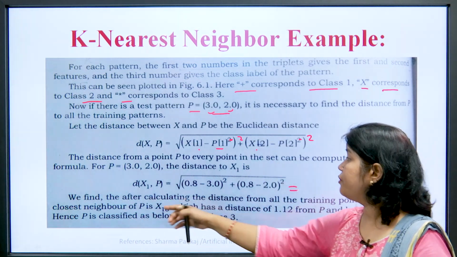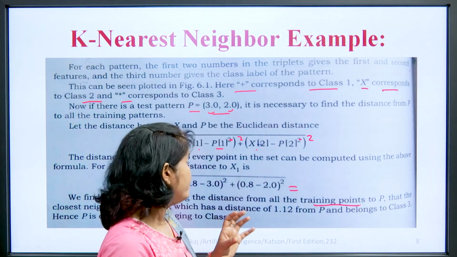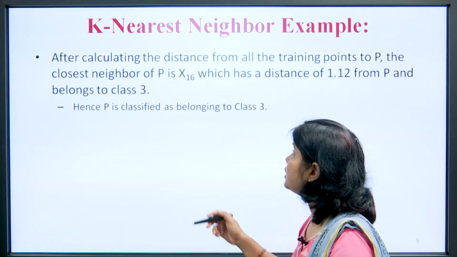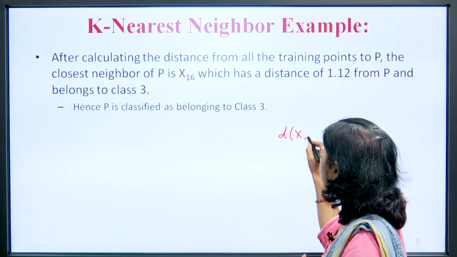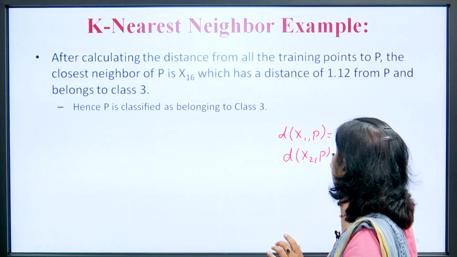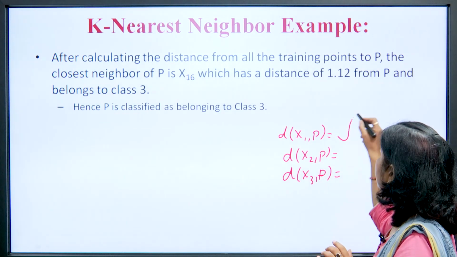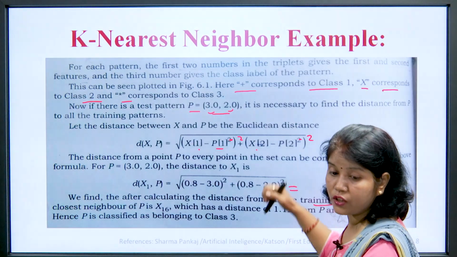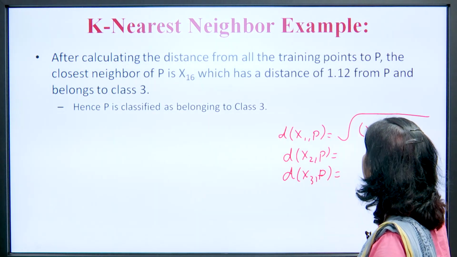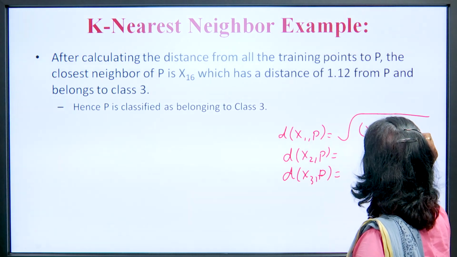So, we find, after calculating the distance from all the training points to P, the closest neighbor of P. After finding all this, you will take the distance of x1 comma P, then the distance of x2 comma P, then the distance of x3 comma P. Each is found with the formula: x1 minus p1 whole square plus x2 minus p2 whole square.